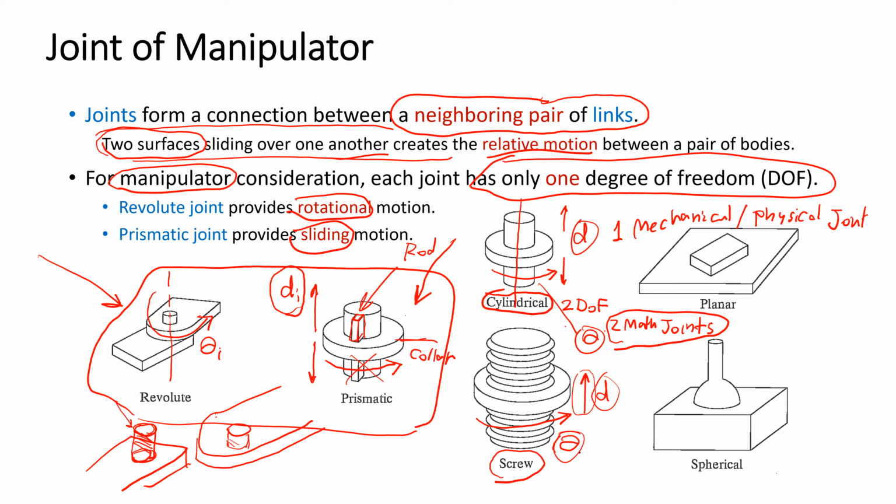If you rotate by the theta angle, you cannot select the displacement or the offset. If you rotate it by theta, the constraint of the screw will force you to move with a corresponding displacement. So the screw joint has only 1 degree of freedom.